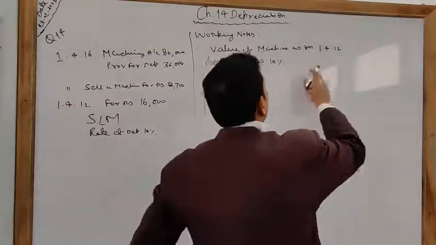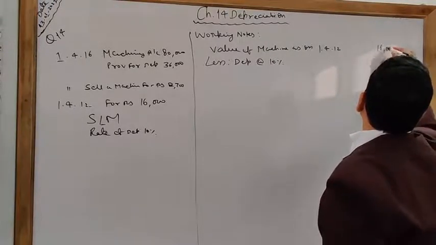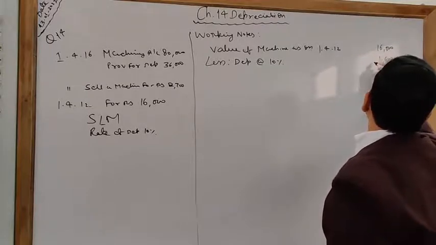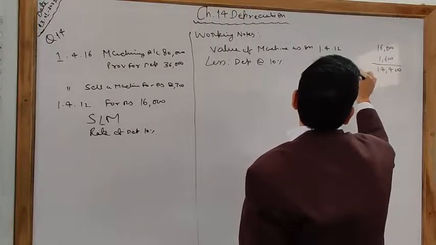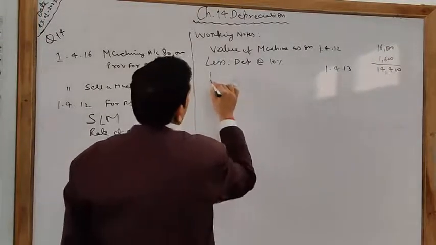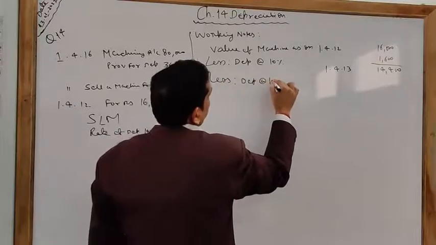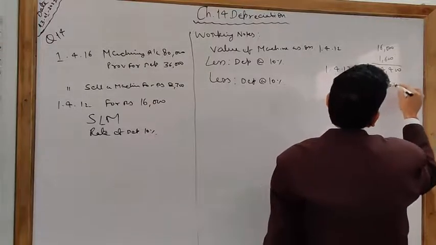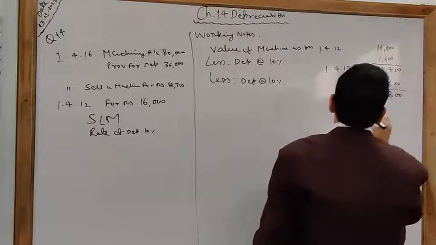Value of machine as on 1-4-12 is 16,000, less depreciation at the rate of 10%, 1,600. So that is 14,400. Value of machine as on 1-4-13, again less depreciation at 10%, 1,600, is 12,800.